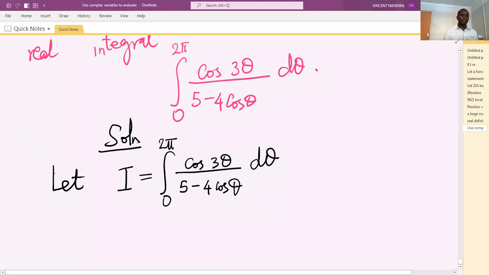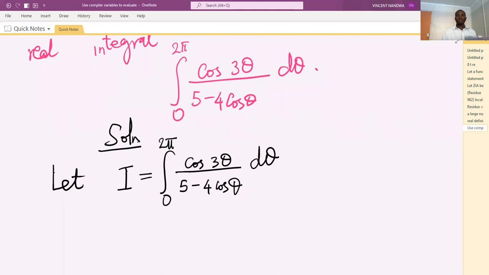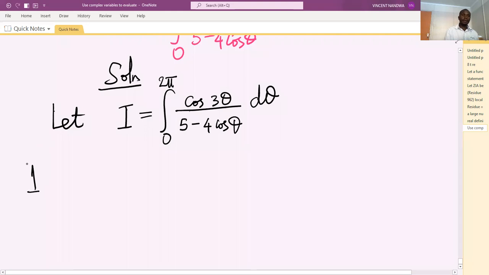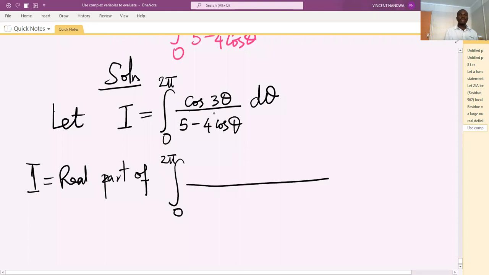Then let's now convert this I into a general integral involving both the real and the imaginary part. So we'll say I is the real part of the integral 0 to 2 pi. Then we first complexify this integrand.